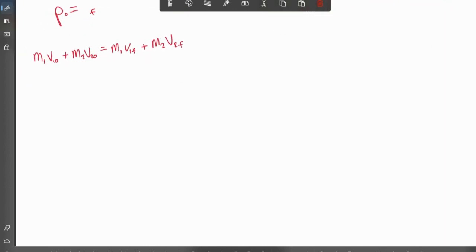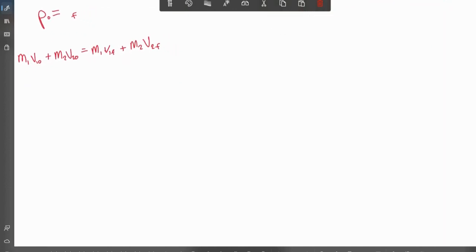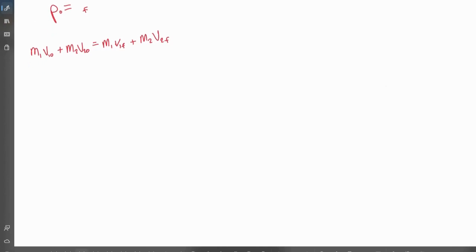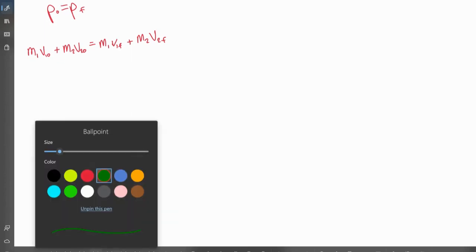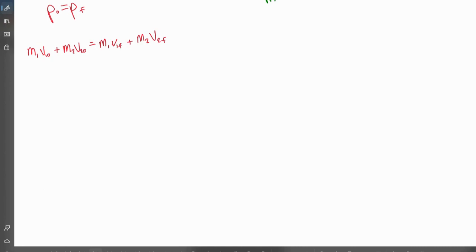So momentum, right? If we look at momentum, that must be conserved every single time, period, end of story, the end, goodbye, no questions. However, if we want to take a perfectly elastic collision, that means that our initial kinetic energy has to equal our final kinetic energy.